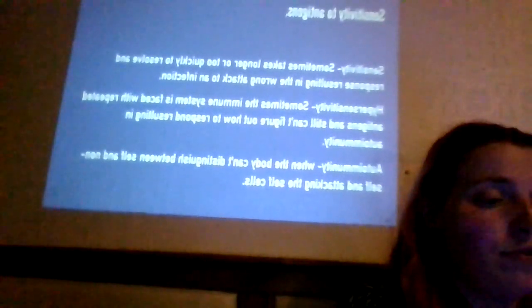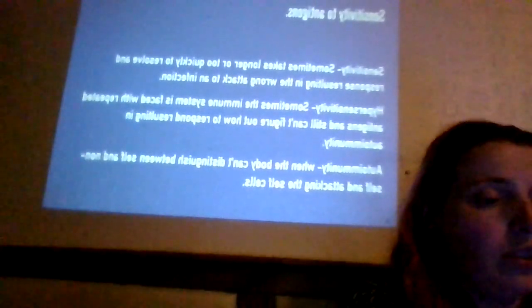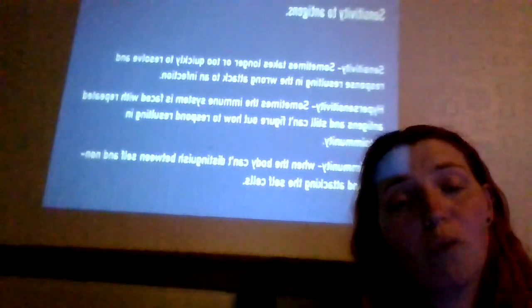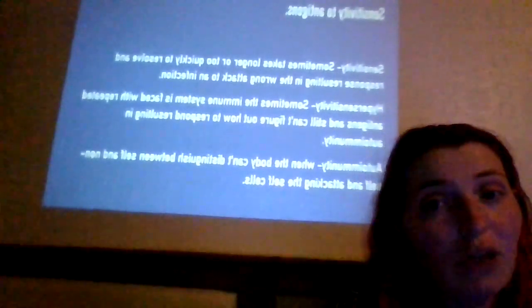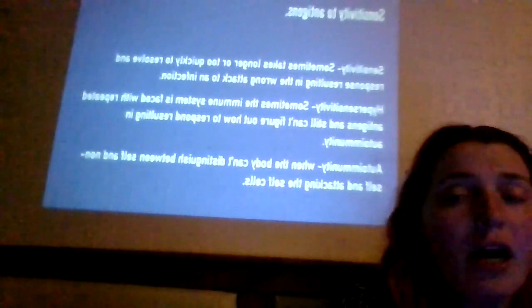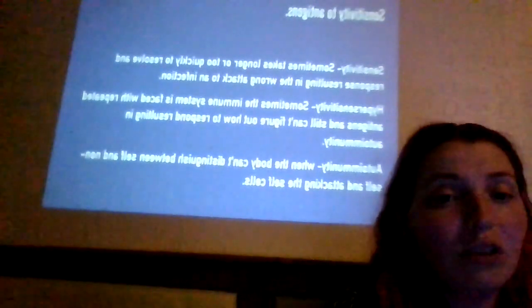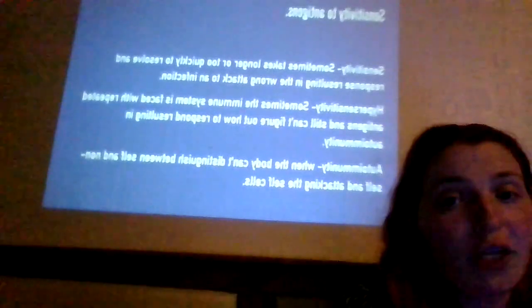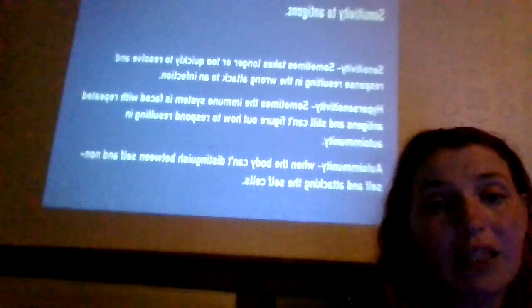You have people who have sensitivity, which can take either too long or respond way too quickly and get it wrong and attack the wrong cells. Then you've got hypersensitivity, which is when your immune system is faced with the same infection and can't figure out if it's bad or good. Then you've got autoimmunity, where your body generally cannot distinguish between the two and ends up attacking itself.